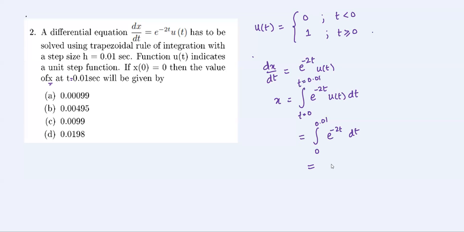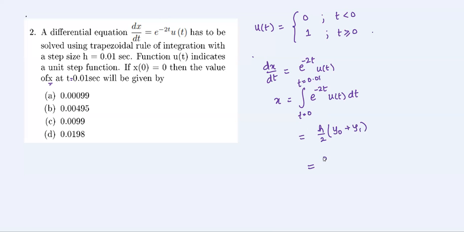When we use the trapezoidal rule, the integration will be h by 2 into (y0 plus y1).